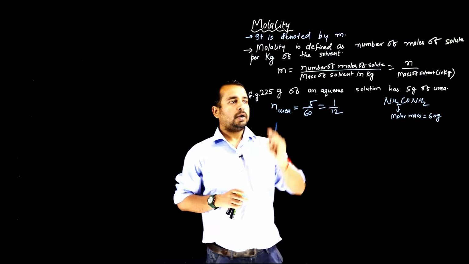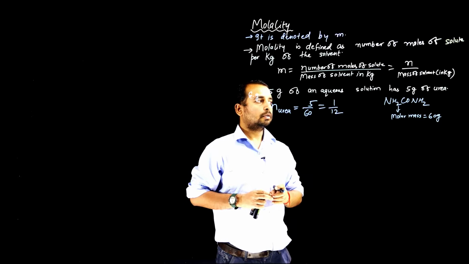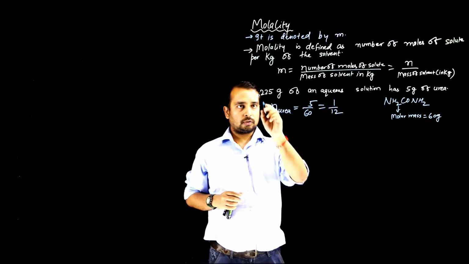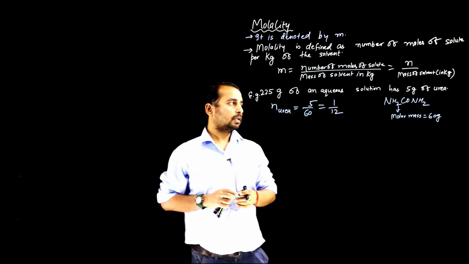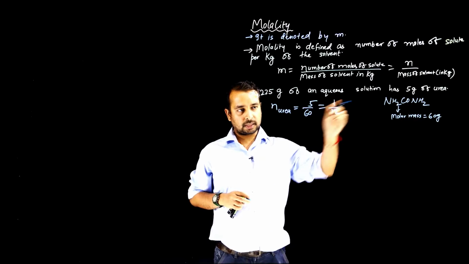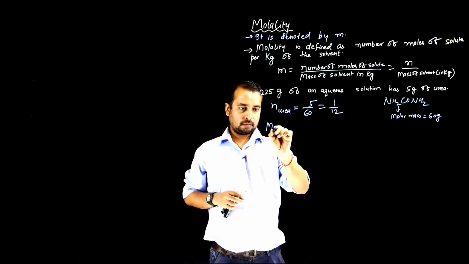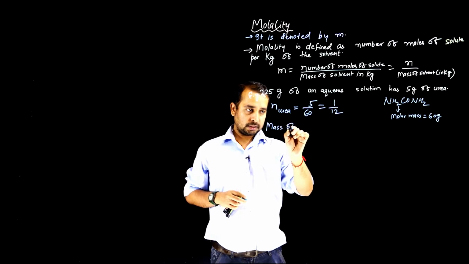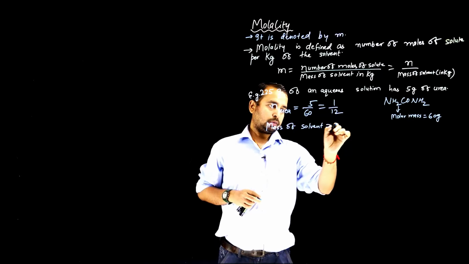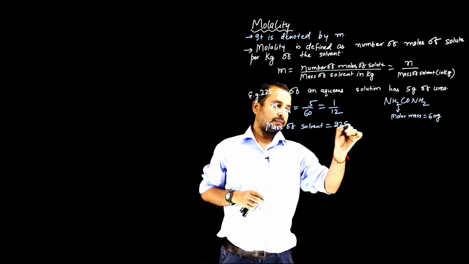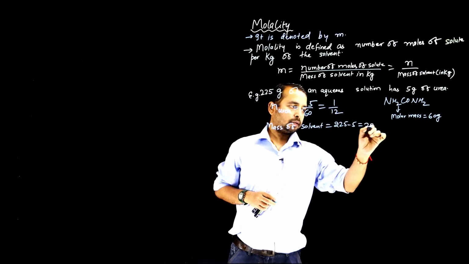Now what is the mass of solvent? The total mass of the solution is 225 grams and the mass of the solute is 5 grams. So the mass of solvent will be 225 minus 5, so it is 220 grams.